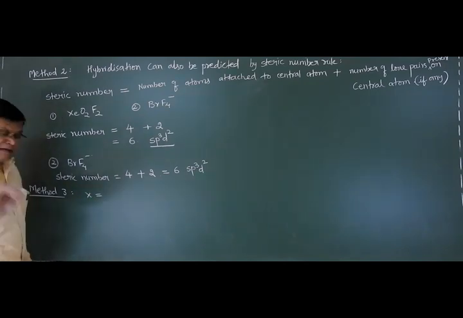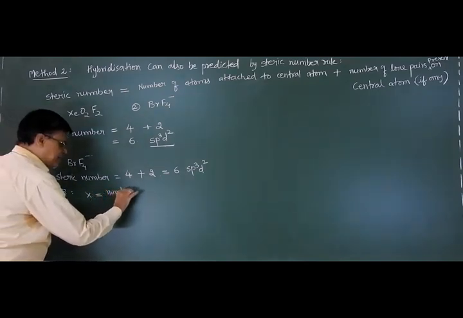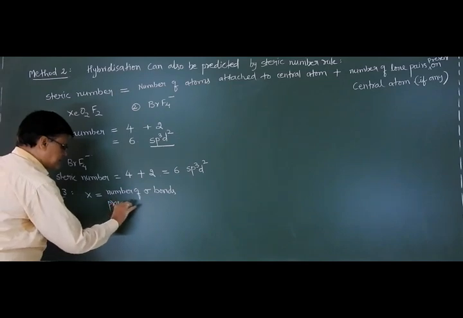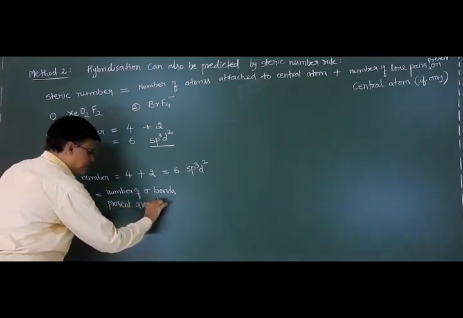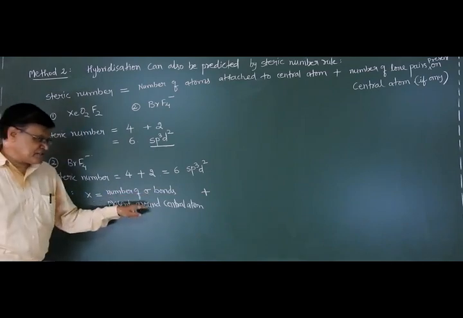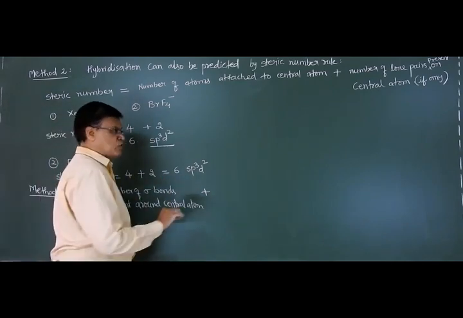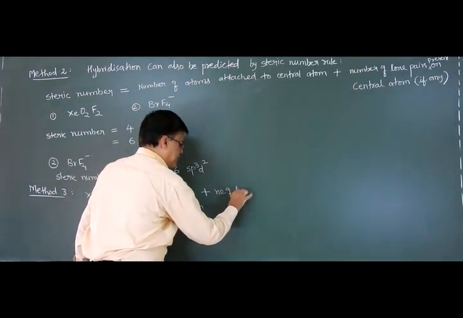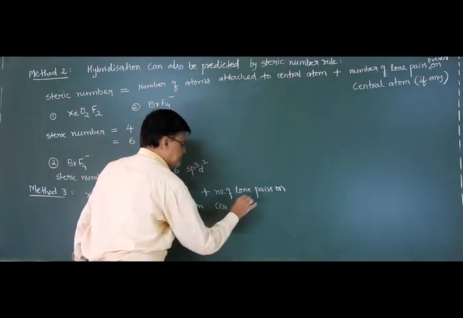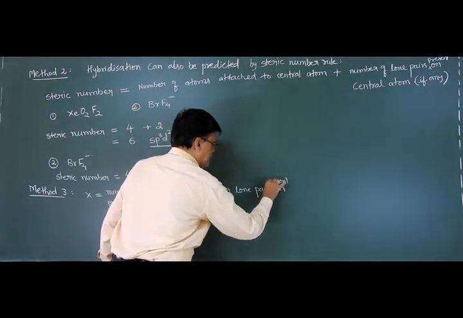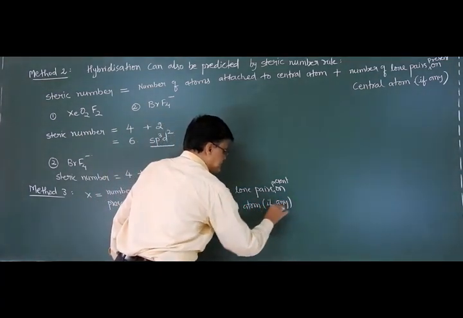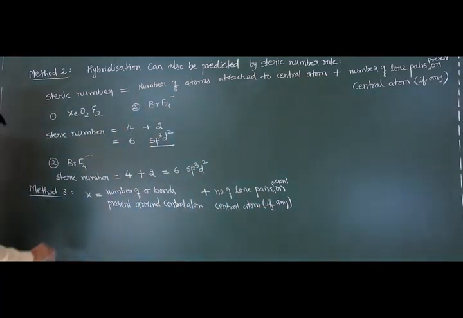X equals the number of sigma bonds present around the central atom plus the number of lone pairs present on the central atom, if any, you can write in brackets. If any. Clear? Now we will take one example here.